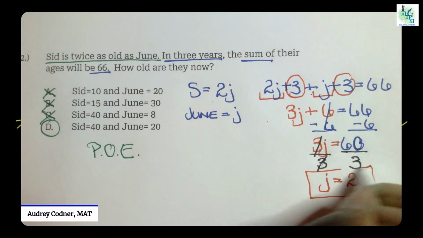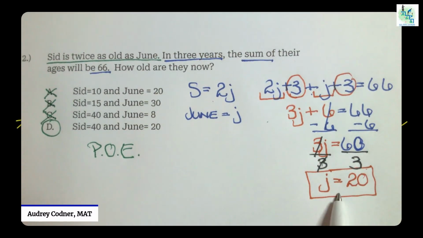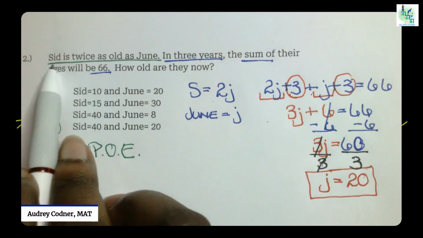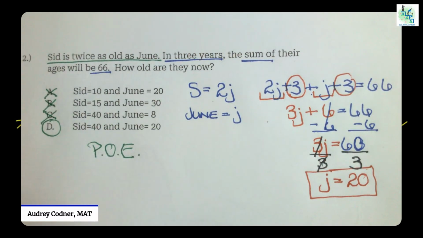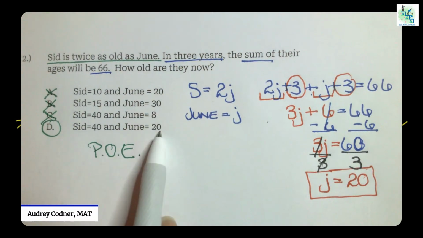So J, my Jaybird, June is 20 years old. Now to figure out Sid: Sid is twice as old as June. So if I multiply that 20 by 2, I'm going to get my 40. That just proves this point.